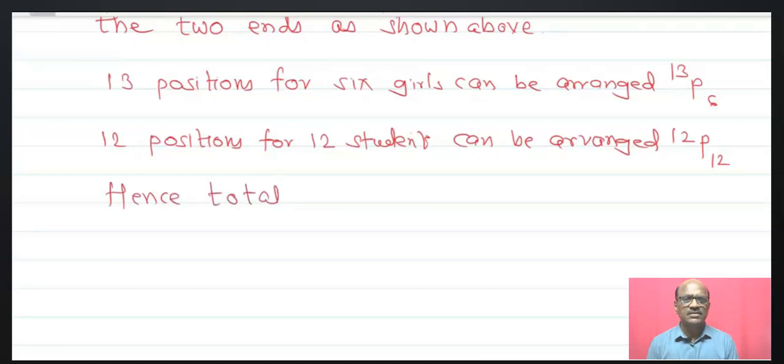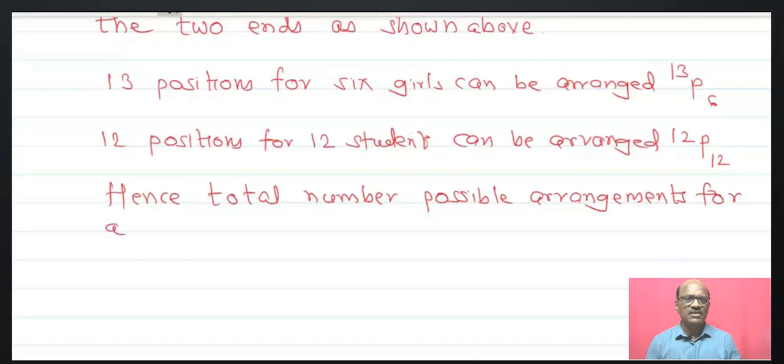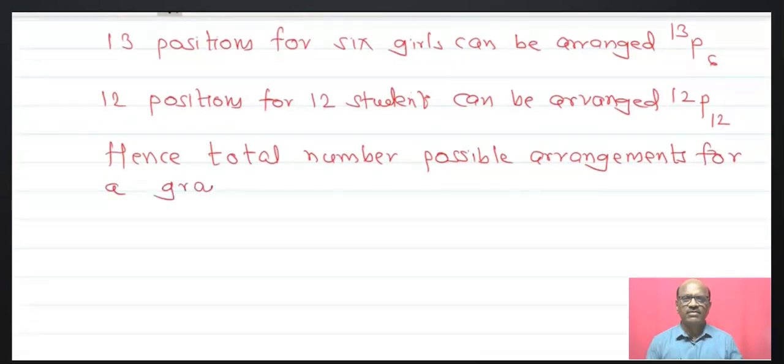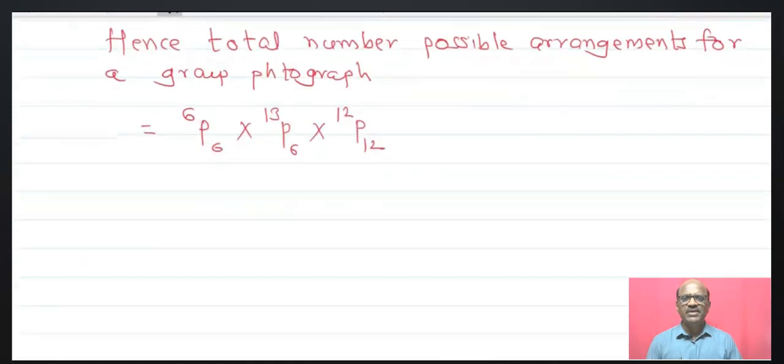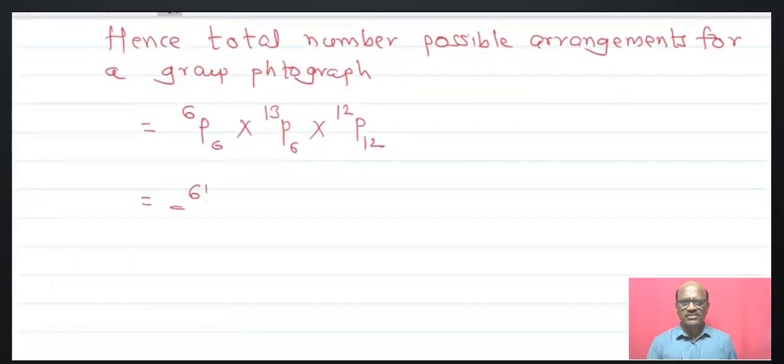Hence, the total number of possible arrangements for a group photograph is equals to 6p6, that is for the teachers, 13p6 for the girls, and 12p12 for the boys.